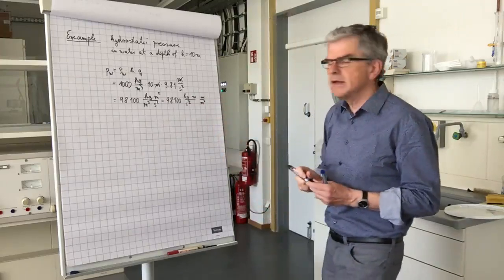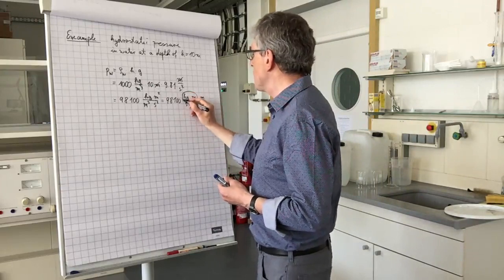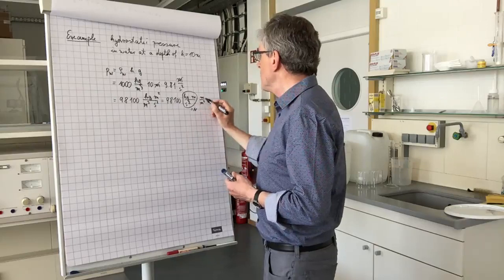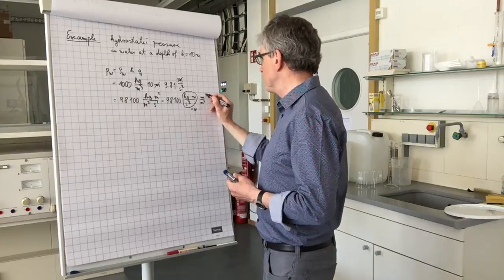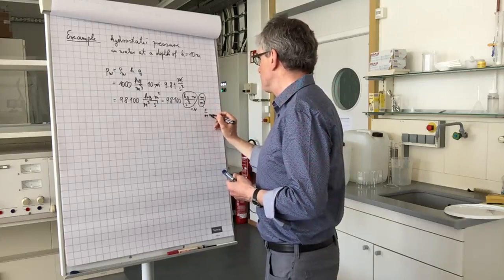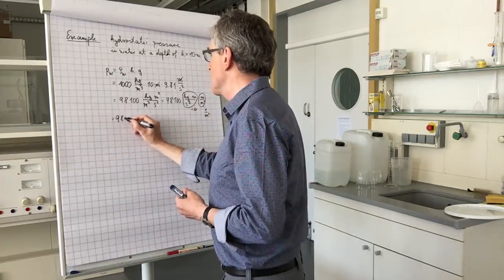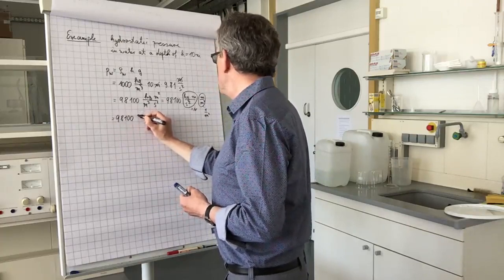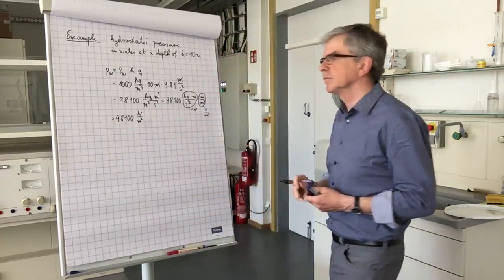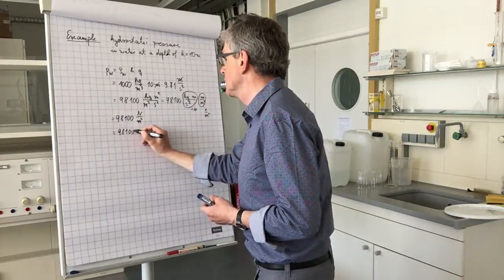Why do I write it in this funny order? Because we can identify this as a Newton. And this one is 1 over square meter. So in total, we get 98,100 Newton per square meter, or 98,100 Pascal.